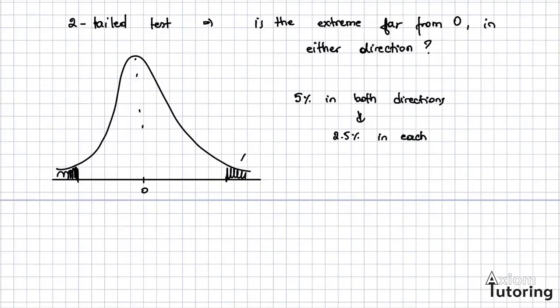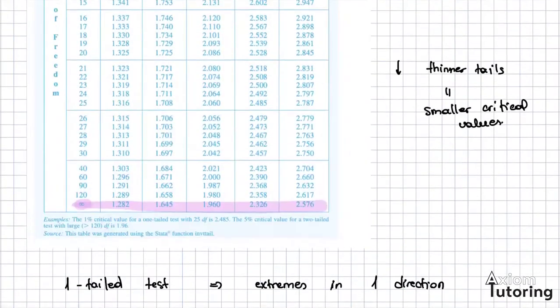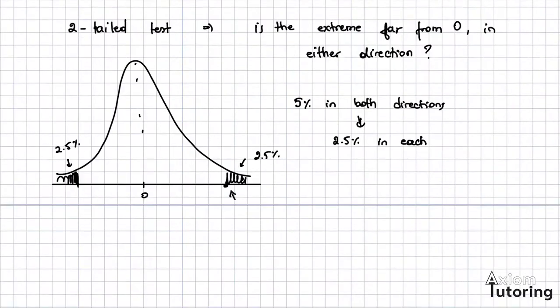So I've got the 2.5% in this part and then 2.5% on this side. Now, the number that's in here, remember it's a t-score, so it's what goes on this horizontal axis. And for the degrees of freedom 10, this is just where the 2.228 is situated. And because this is symmetric, this is where the minus 2.228 is situated.